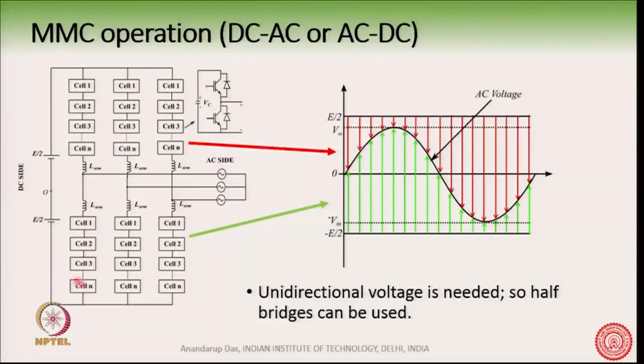What about the lower one? What about the lower controllable voltage source, this V L? V L also follows Kirchhoff's voltage law, and so minus E by 2 plus V L, without neglecting the L di dt, is V m sin omega t. So, if I go from 0, I go to minus E by 2, and then these green arrows indicate the instantaneous magnitude of the lower arm voltage.